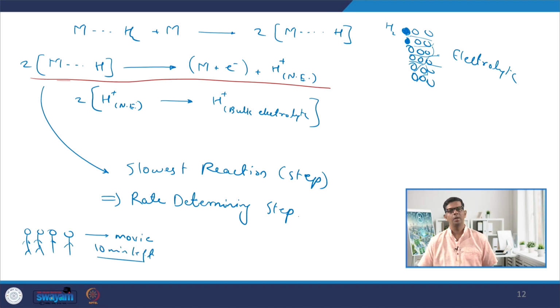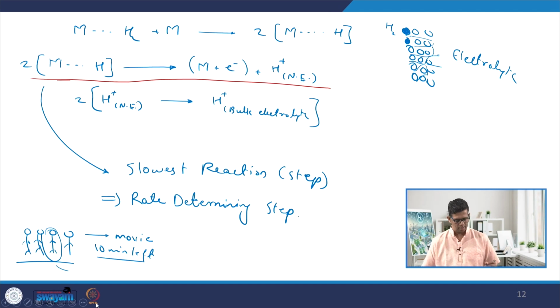So, the probability of these 4 friends catching the start of the movie depends on the speed of the slowest person. So, if the slowest person is fast enough, then and only then can these friends catch that movie on time. So, in other words, the slowest person in the group determines the speed of the entire group.